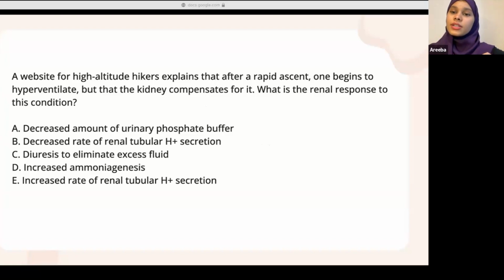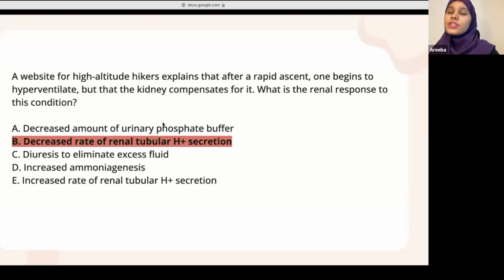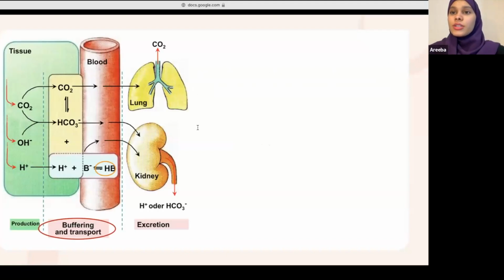So basically, what is the kidney doing? The answer is decreased rate of the tubular H plus secretion.